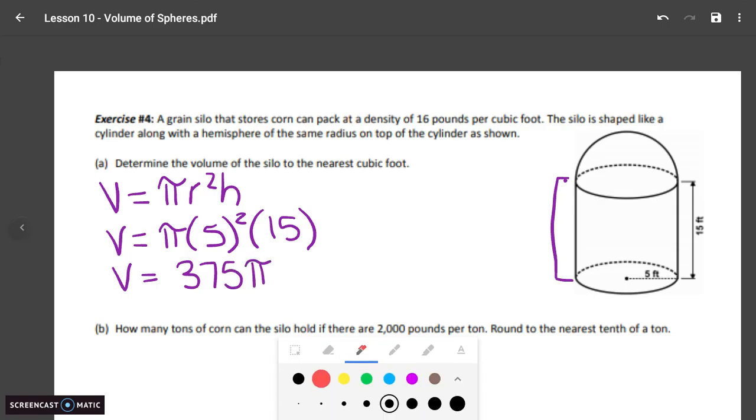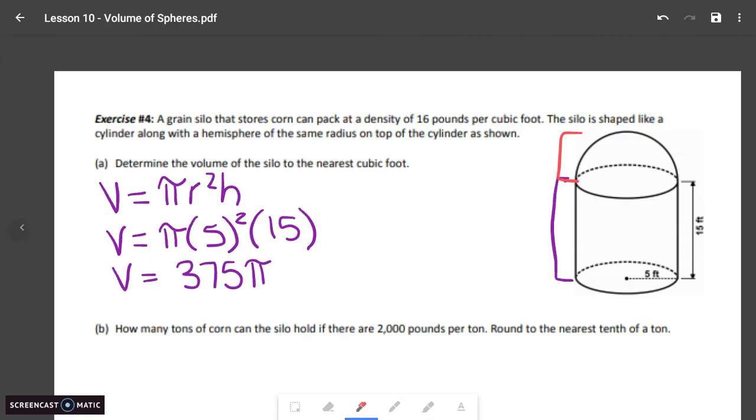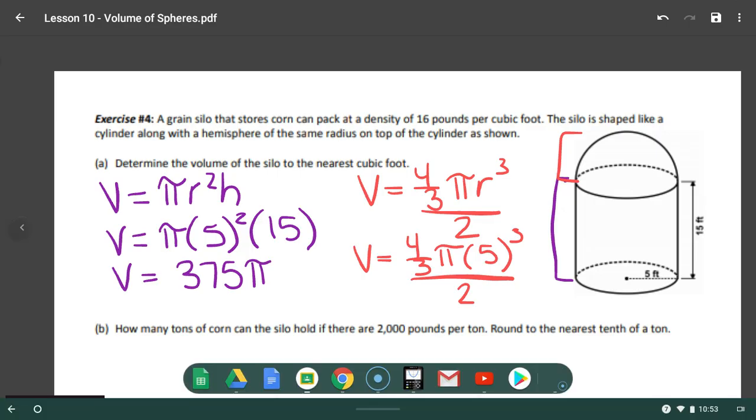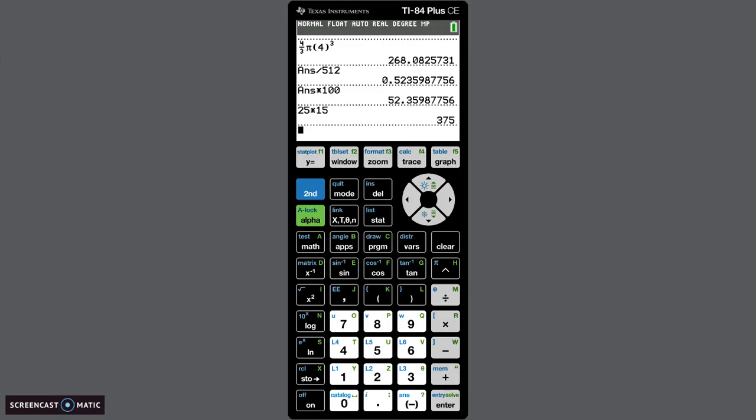Now, the hemisphere is going to be the same as the formula for a sphere, but hemisphere means we cut it in half. So we're going to have 4/3 pi radius cubed divided by 2. So I'm going to plug all of that into my calculator.